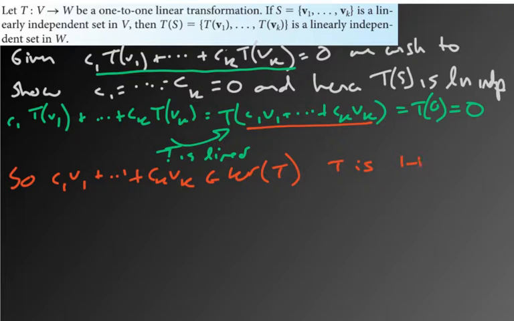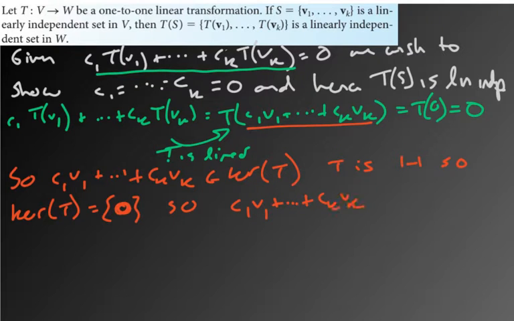And T is 1-to-1. So by that theorem we've used a bunch, that means the kernel of T is trivial. It's just the 0 vector. So c1 v1 plus and so on has to be equal to that 0 vector. And this does it then, because if the set v1 through vk is linearly independent, which we know it is, since it's defined up here as S, then all the c's are equal to 0.